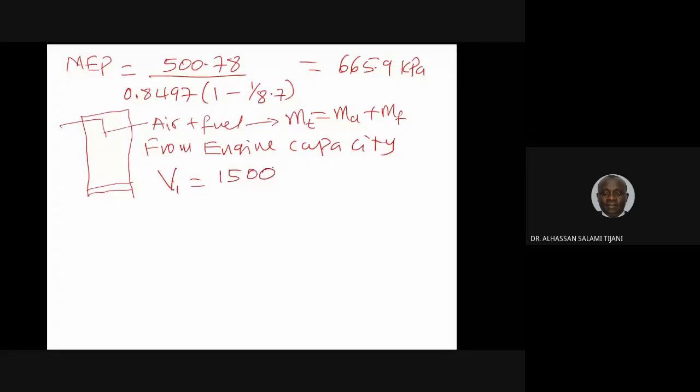You understand me? But if you are interested in only one cylinder, we divide by 4. So this total capacity is for the 4 cylinders, but if you want to calculate only for one cylinder, then we need to divide by 4. So now this gives me 375 cc per cylinder.